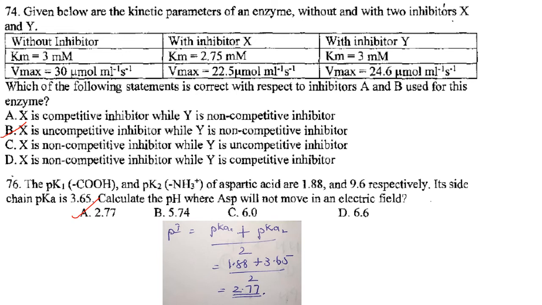So uncompetitive inhibitor binds to the enzyme substrate complex and not to free enzyme. Whereas non-competitive inhibitor, when the inhibitor binds to the enzyme at the location other than the active site, does not prevent the binding of the substrate to the enzyme, but sufficiently changes the shape of the site at which catalytic activity occurs.